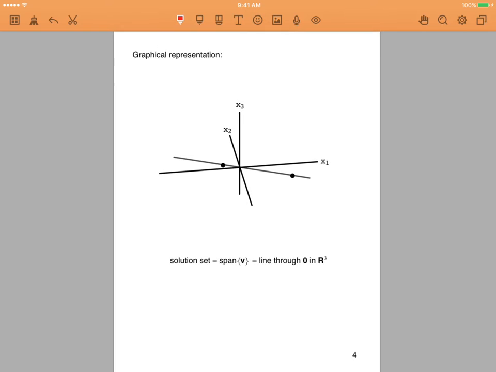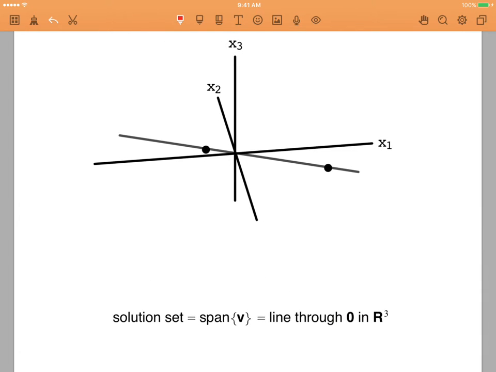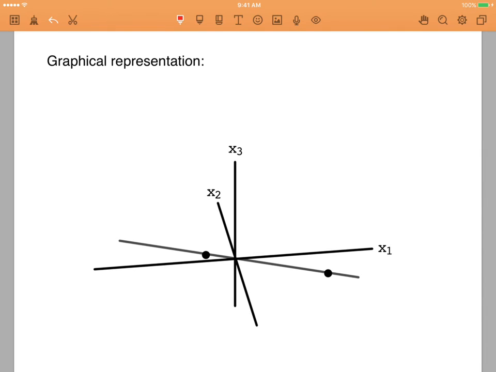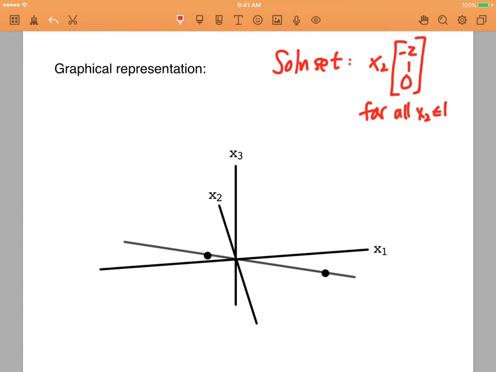So again, our solution, okay. So remember that the solution set was x2 times the vector negative 2, 1, 0. And this is for all real numbers, x2.